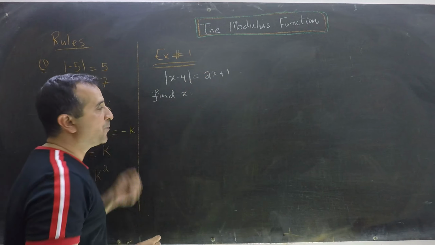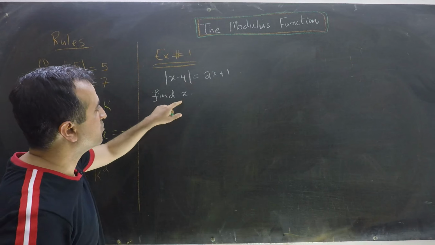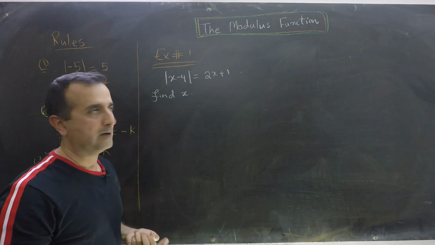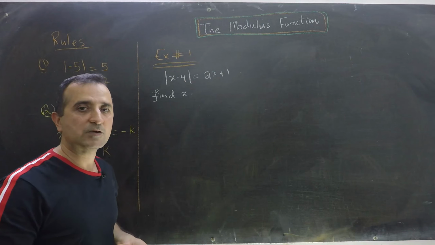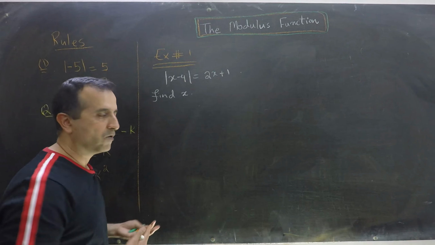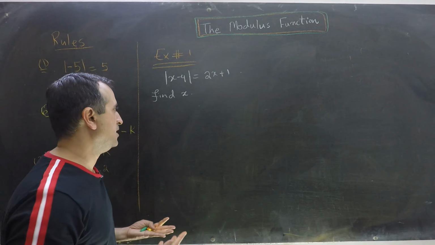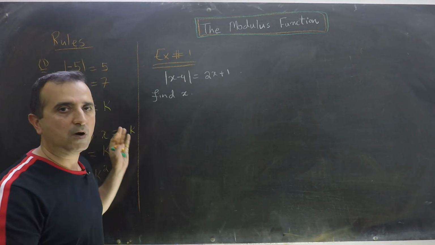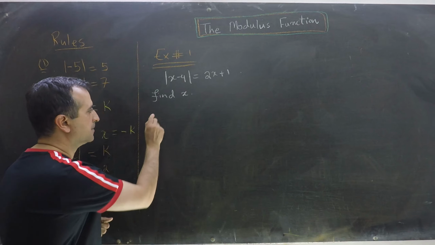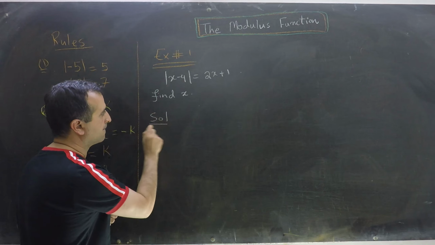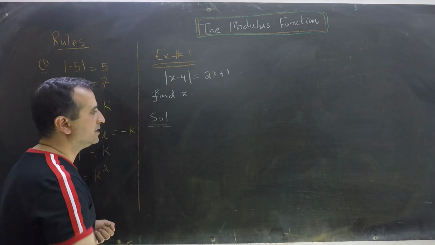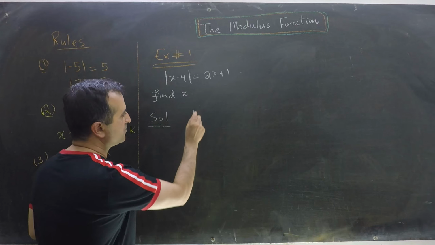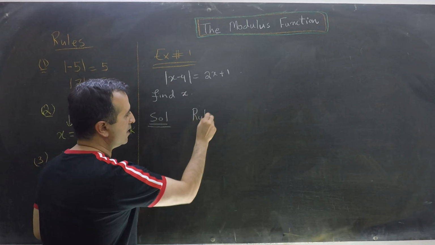Now, the important thing is that x could have only one possible value or x could have two possible values. In order to find those values, we can use either rule number 2 or rule number 3. So now let's solve this question first using our rule number 2.